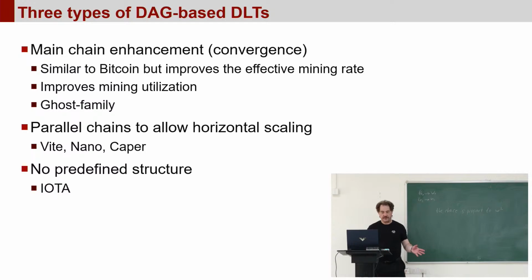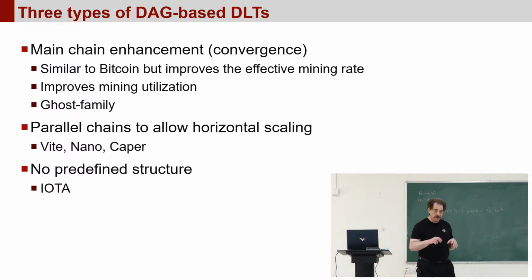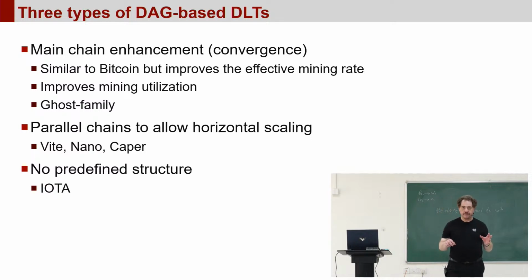That's the first family. The second family is mostly about sharding. We shard the large amount of data, we shard the large chain into multiple chains. And then we have several parallel chains.